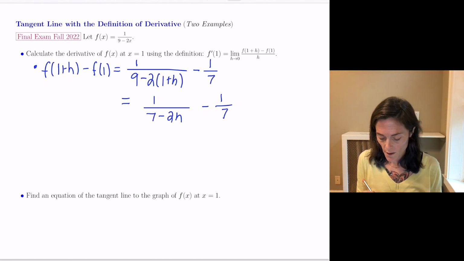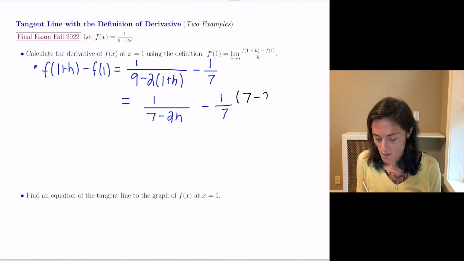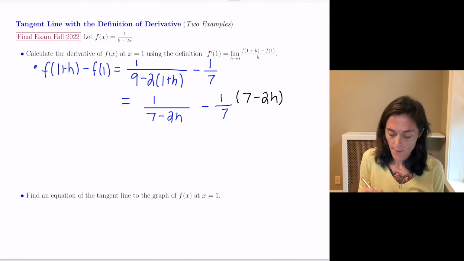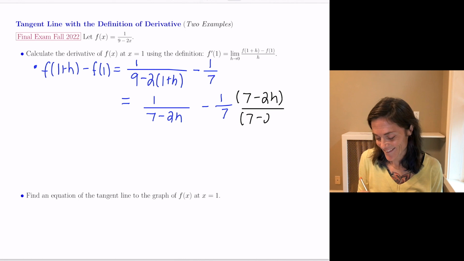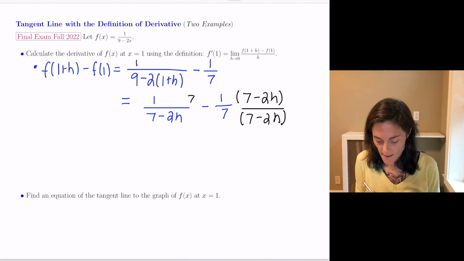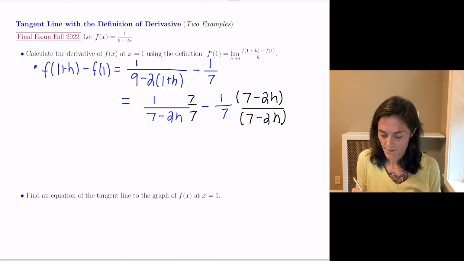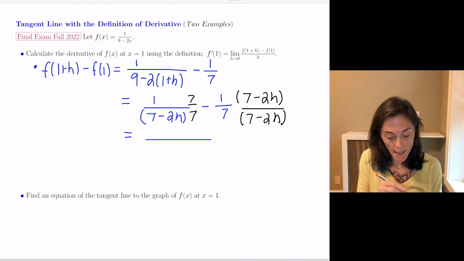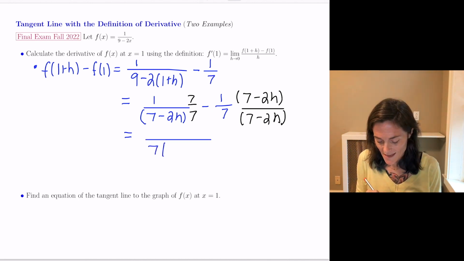So over here, I'll multiply by 7 minus 2h divided by 7 minus 2h. And then for the first term, I will multiply by 7 over 7. My common denominator is this product. We have 7 times 7 minus 2h.